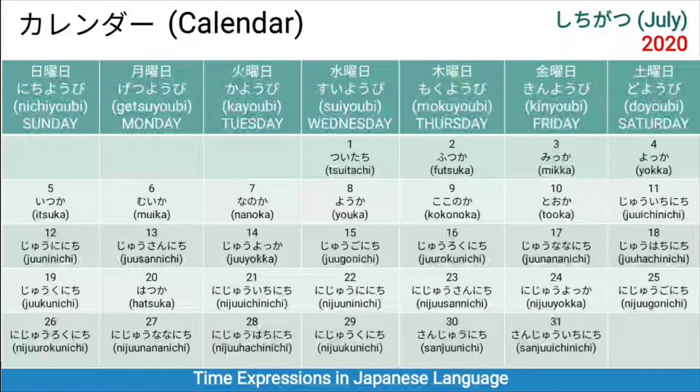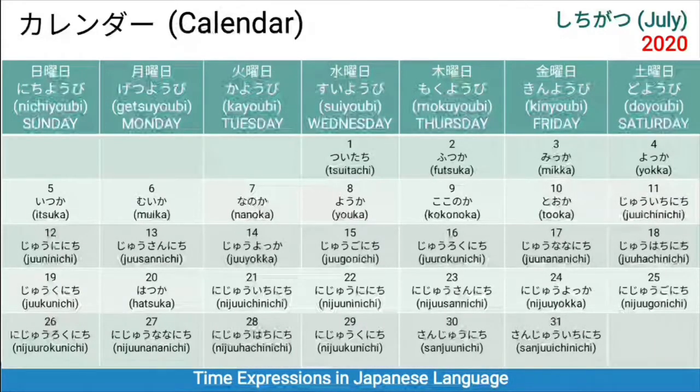Now let's move on to the days of the month. The first day of the month is Tsuitachi. Second day is Futsuka. Third day is Mikka. Fourth is Yokka.